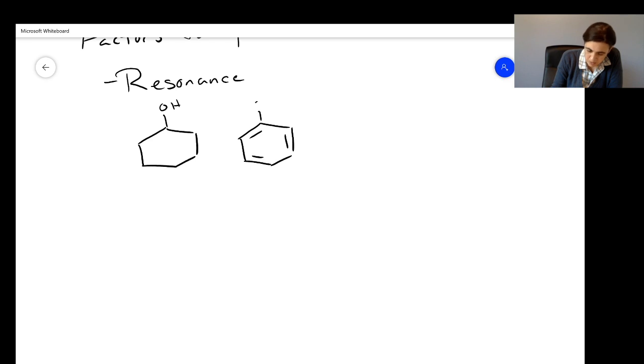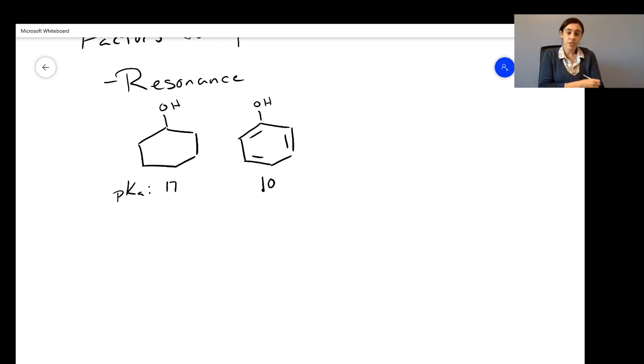So let's compare the pKa's of cyclohexanol, which has a pKa of approximately 17, where phenol has approximately a pKa of around 10. So why this large difference in the pKa's of these systems?